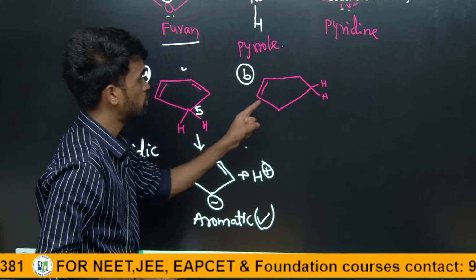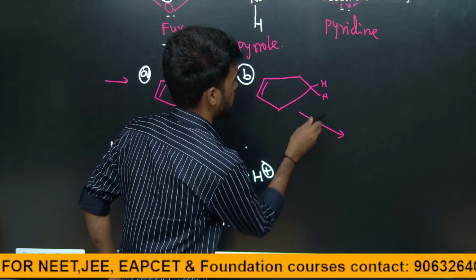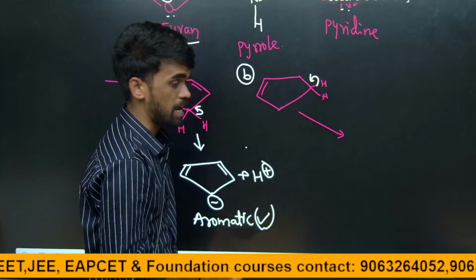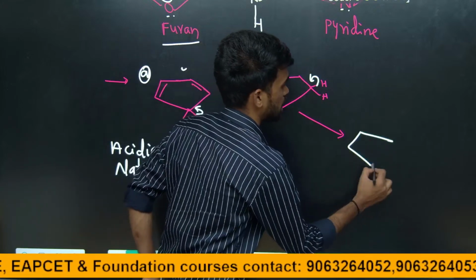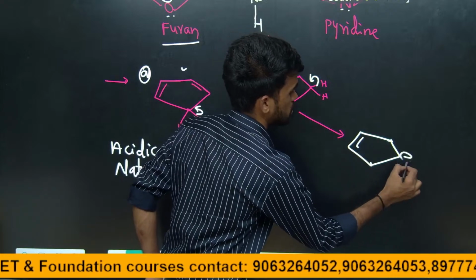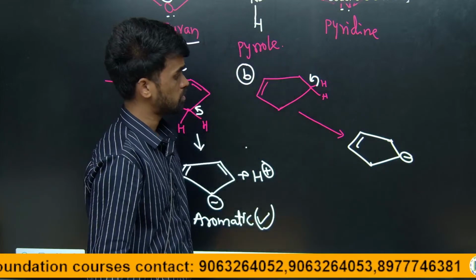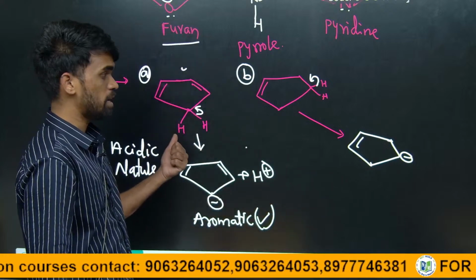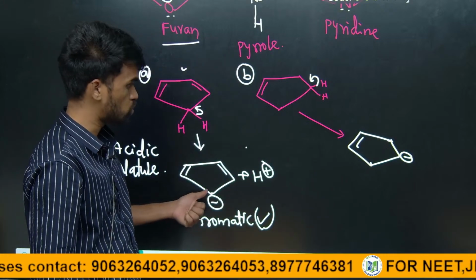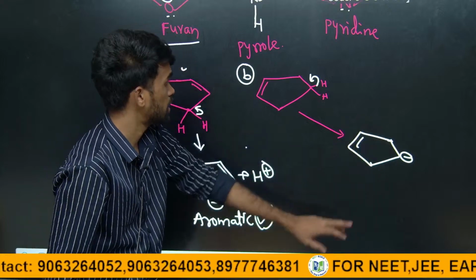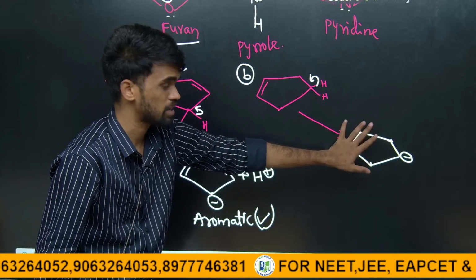Now what about this? If we release the proton, considering it as an acid, we will get a conjugated system like this, but this is not aromatic, right? So the aromatic conjugate base is more stable than this, a normal carbon anion.